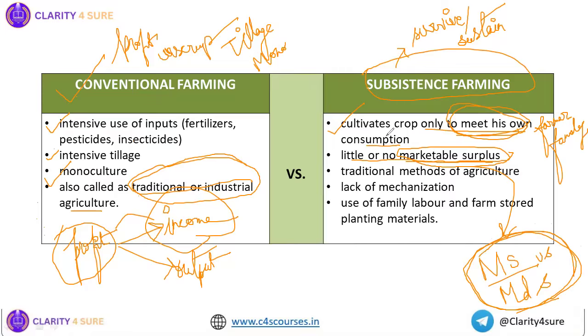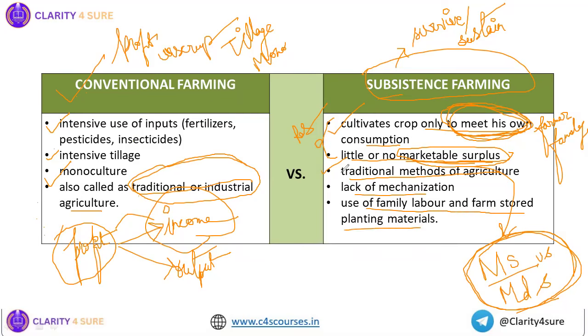So, we were talking about the characteristics of subsistence farming. First, whatever he produces is for his own family consumption, and there is no marketable surplus. Second, traditional methods of agriculture. From these two points it is very clear that he has a lack of resources. Since he lacks resources, he has to follow traditional methods of agriculture, because mechanization is not an option for him. Then lack of mechanization, and the use of family labor and farm stored planting materials.